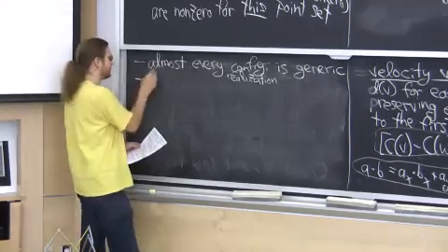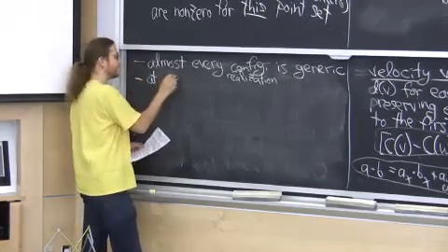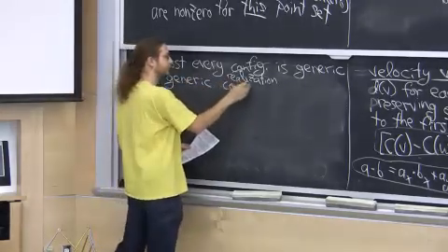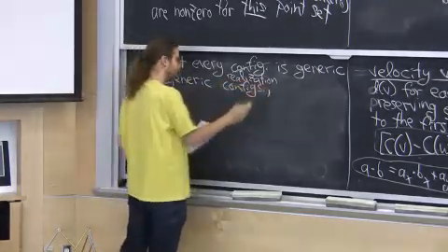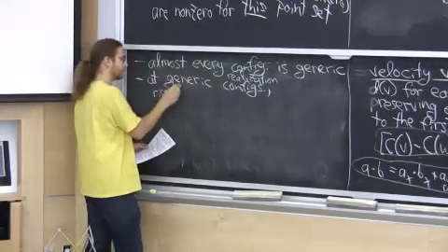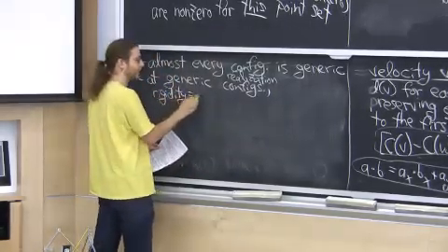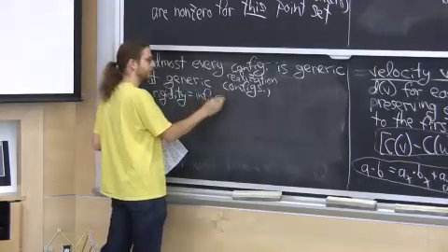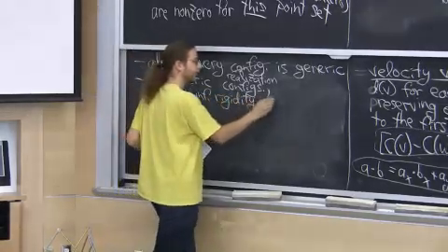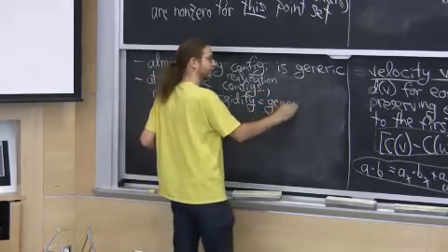But here's what's really cool. If we take any of these generic configurations, so just fix one, rigidity is the same thing as infinitesimal rigidity, is the same thing as generic rigidity from last class.